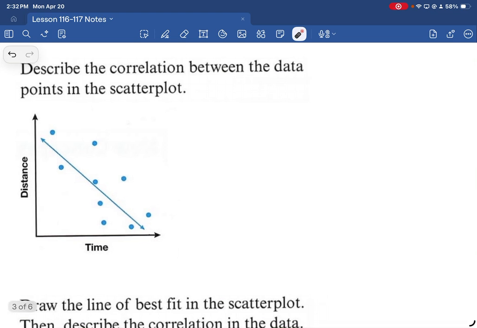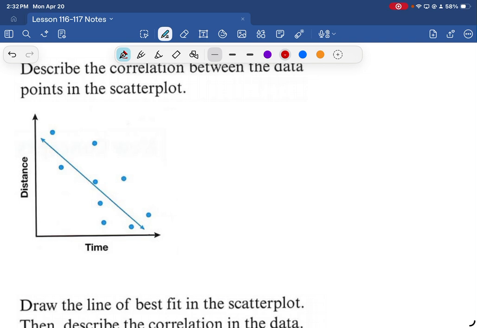Now look down here. We're going to analyze the correlation. That's the wording you're going to see on your homework questions. Describe the correlation between time and distance. Well, first of all, what kind of slope is this? Negative. Thank you.